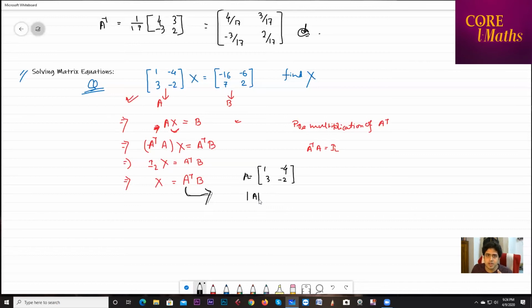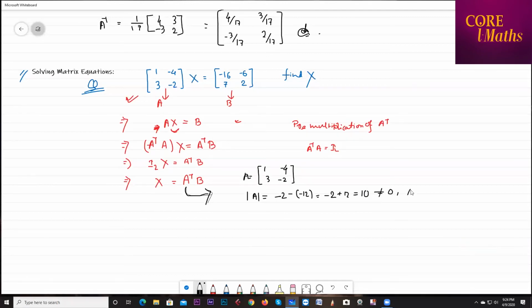First find the determinant value and check whether the value is 0 or non-zero. Here we can write minus 2 minus of minus 12, that is minus 2 plus 12, value is 10, right? So this is not equal to 0. A inverse exists, right?